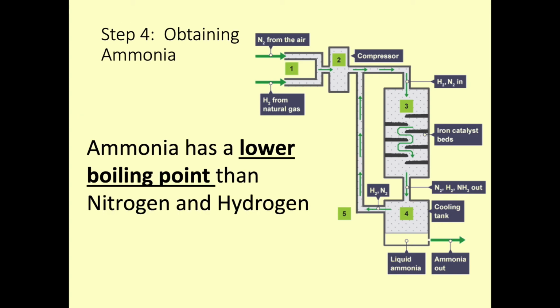We are then able to obtain our ammonia by cooling the gaseous mixture, our equilibrium mixture of nitrogen, hydrogen, and ammonia. Because ammonia has a higher boiling point than nitrogen and hydrogen, we can cool it down to the point at which ammonia becomes a liquid and thus can be removed from that cooling tank.